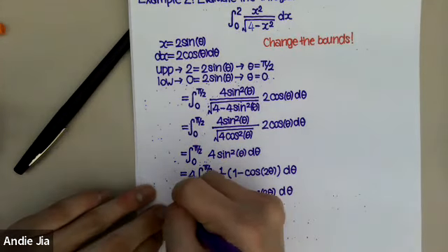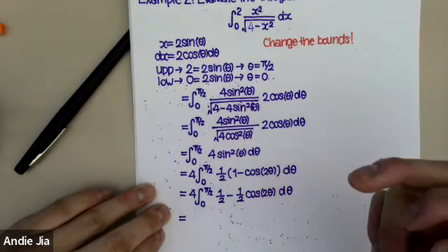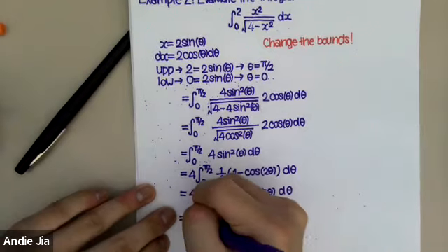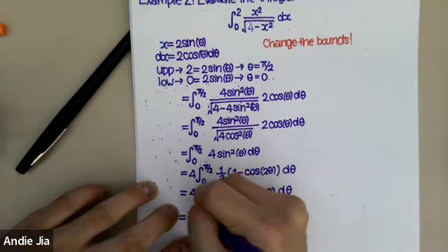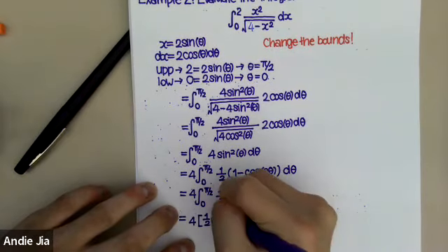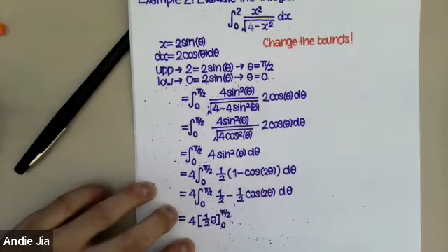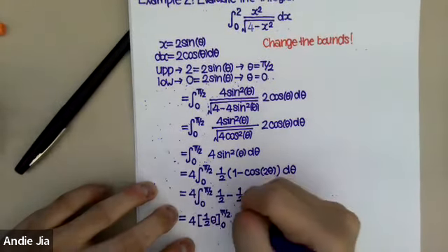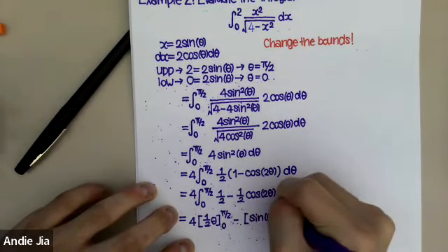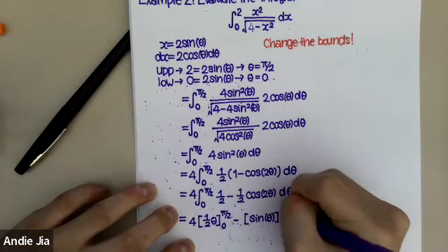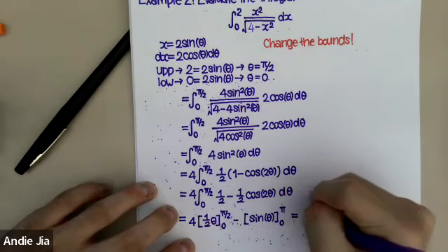It's going to be sine, pi over 2, so it's going to be 4 times 1/2 of theta minus sine 2 theta, from pi over 2 to 0. This is going to be 4, and cosine of theta gives pi and 0, so it's going to be pi.